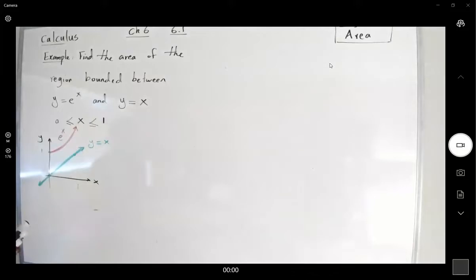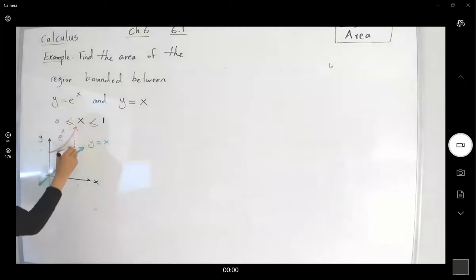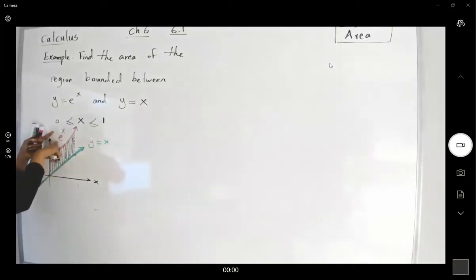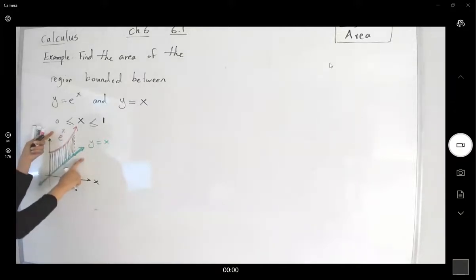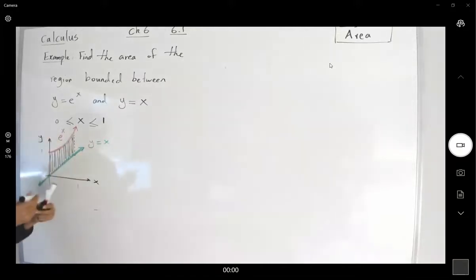But the question says, hey, I'm interested in finding the area bounded between these two y values, and x is ranging between 0 and 1. So 0 and 1, okay. It means that I'm finding this area here. So your top function is e to the x, and below e to the x, you have y equals x.